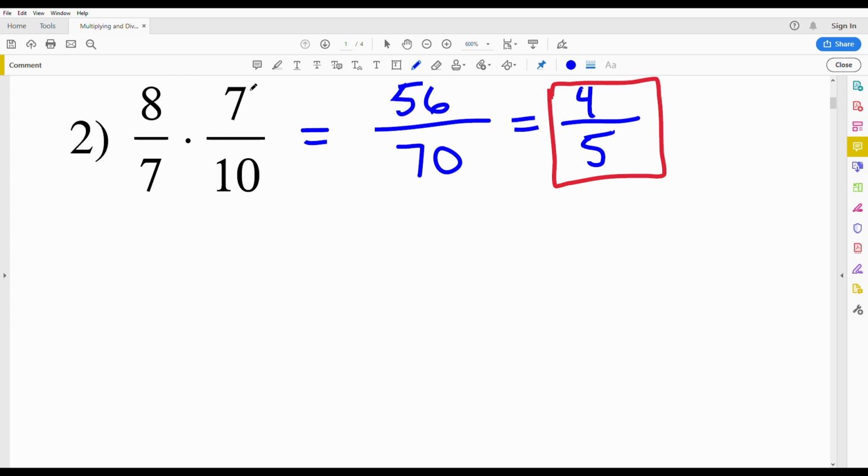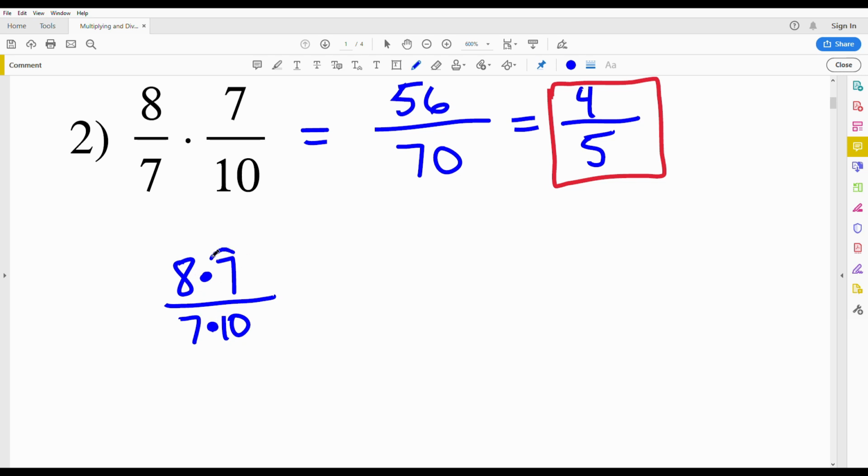But let's simplify our problem before we continue on, because think about this. In number 2, we have 8 times 7, that's our numerator, all over 7 times 10. And remember, multiplication is commutative, so it doesn't matter the order we multiply in. But look at this.